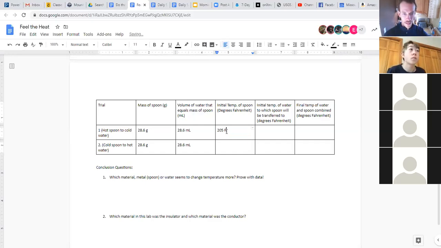And I'm not going to take the time to insert the degree symbol. And then this water that just came out of the freezer, it's not frozen solid. Give it a little stir. It's very cold. Okay, that cold water has a temperature of 36 degrees Fahrenheit, so slightly above freezing.